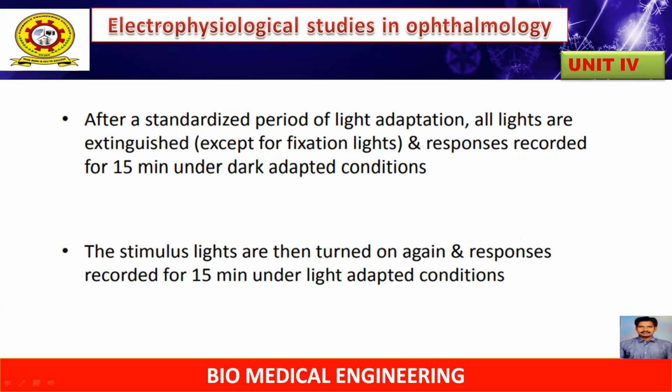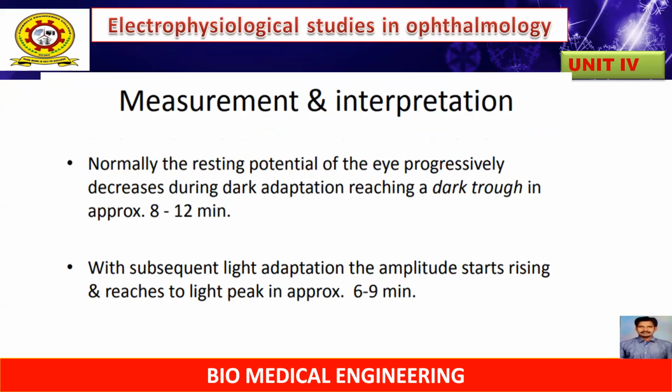This is the test procedure mentioned in the literature to take the EOG. The stimulus lights are then turned on. Again, responses are recorded for 15 minutes under light adapted conditions. This is the procedure of how this test will be conducted.